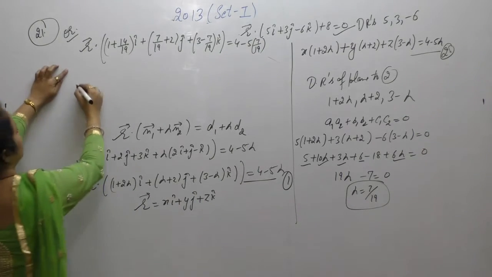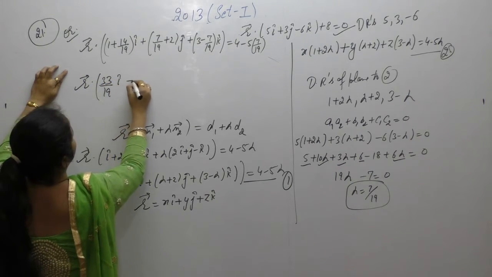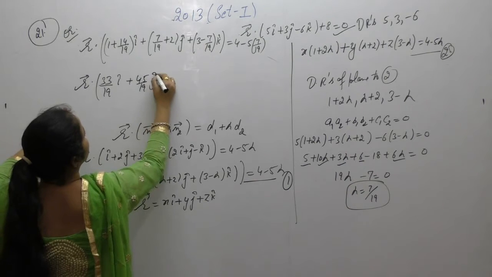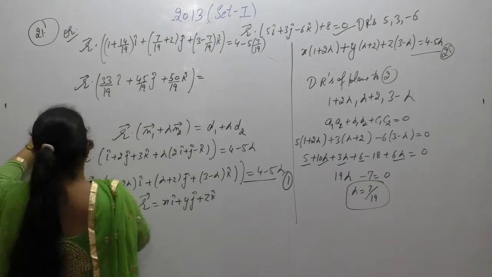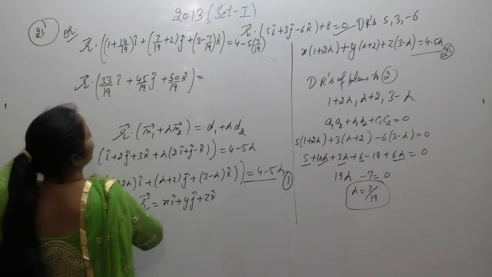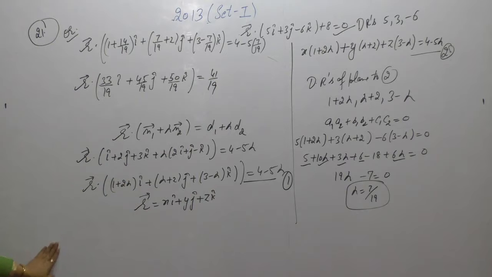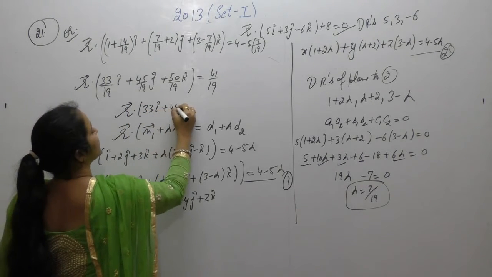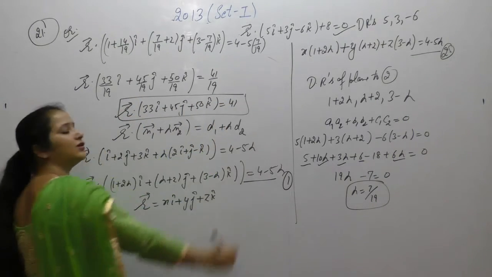So what we get? r vector dot (19 plus 14, 33 by 19) i, (19 into 2, 38 plus 7) j, (19 into 3, 57 minus 7) k, equals 19 into 4, 76 minus 35, 41 upon 19. 19 will get cancelled. So what we get? r dot (33i plus 45j plus 50k) is equal to 41, which is the required equation of the plane.